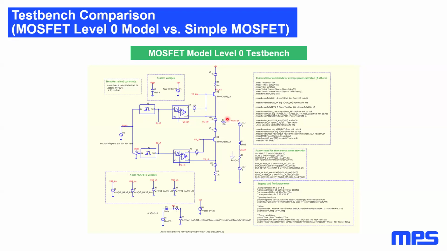Also, conduction and switching losses cannot be separated because we don't have the exact operating region of the MOSFET. However, this level 0 model is quite straightforward to set up because one can simply import the vendor's SPICE model in QSPICE and recall this model via the QSPICE MOSFET symbol.